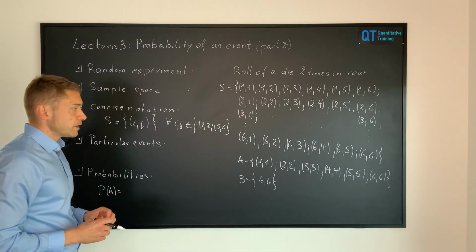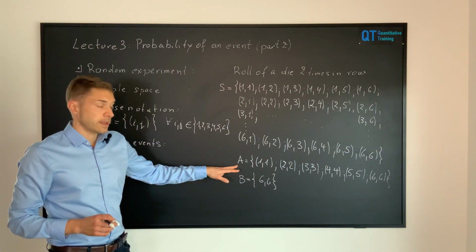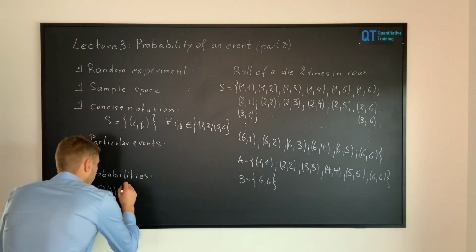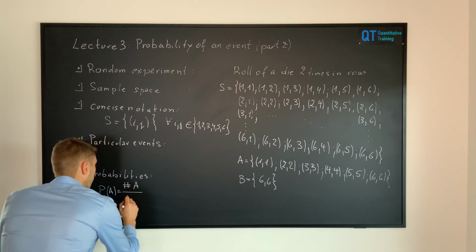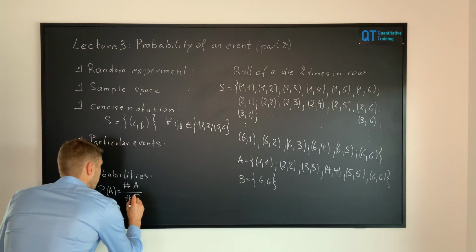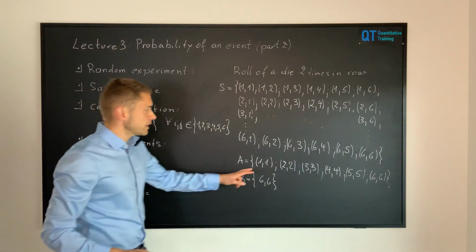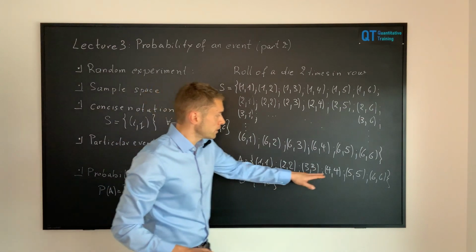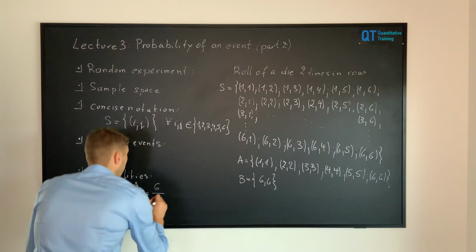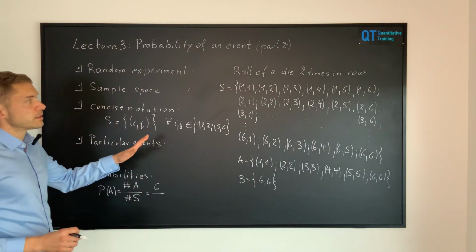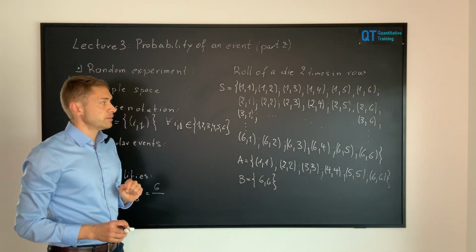We have the number of elements that belong to the event A divided by the number of elements of the total sample space S. Here we have 6 different elements, so we put a 6, and we already saw that the sample space has 36 different elements.